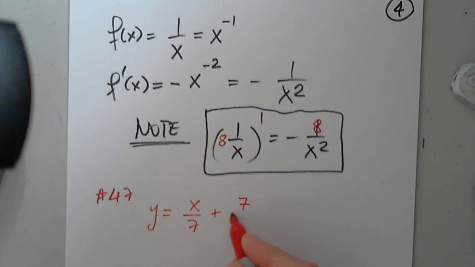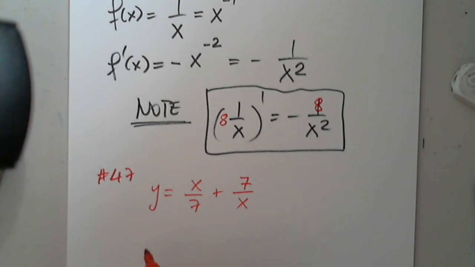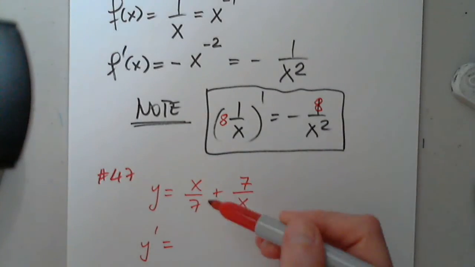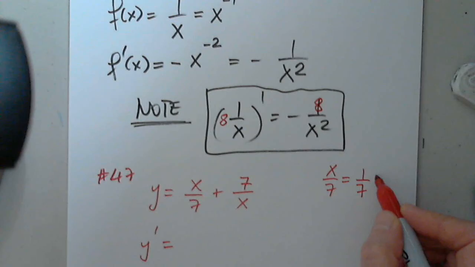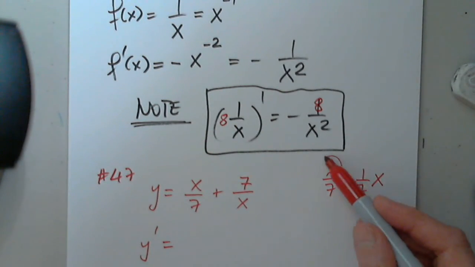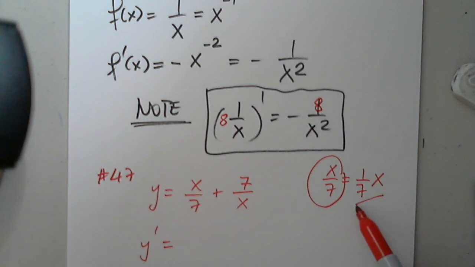So we're asked to differentiate this. So remember, x over 7 is really 1 over 7 times x. So when you see something like this, it should pop up in your head immediately. So then I have 1/7 times 1.